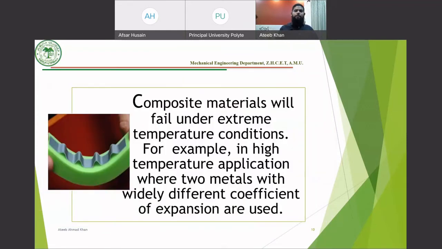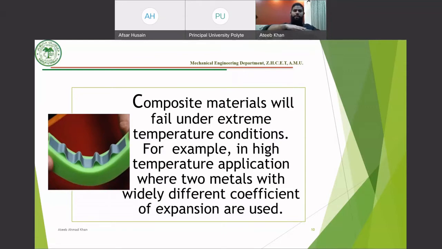Now, having said all the advantages of the composite material, in the starting I told you we will be discussing why the composite material fails or under what condition it fails. So basically composite material fails under extreme temperature conditions. Suppose we have two lamina. This is a lamina of material A and this is a lamina of material B. Both of these have different coefficients of expansion.